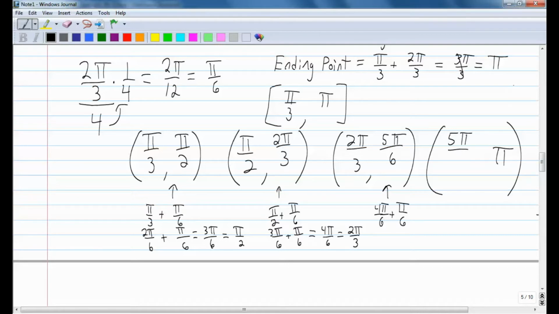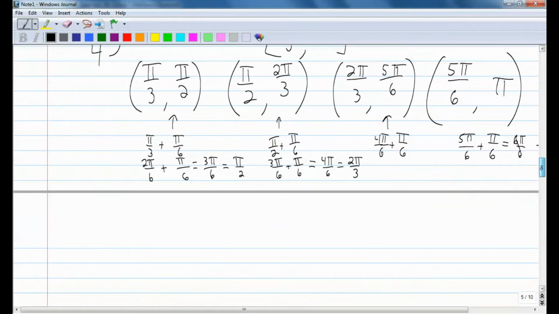So if I've added all these fractions correctly, when I take 5 pi over 6 and I add that same increment, pi over 6, I better get pi. And this is 6 pi over 6, or pi. Alright, so everything ended like it should have. So now I'm going to take these significant points and I'm going to use them to help me graph.